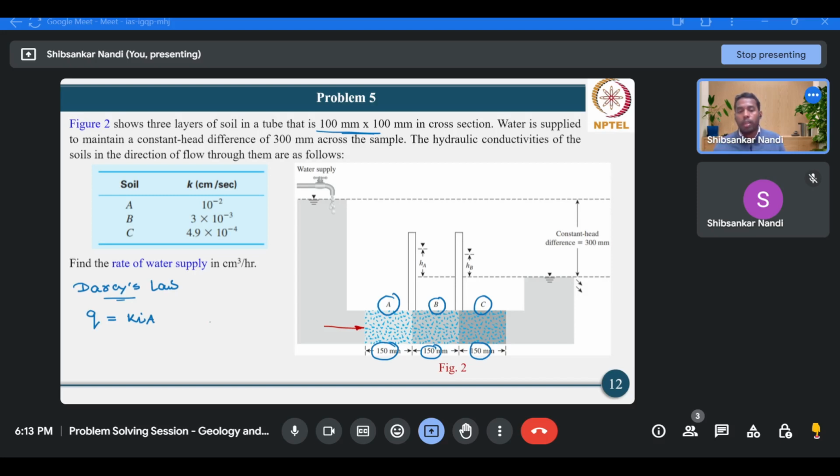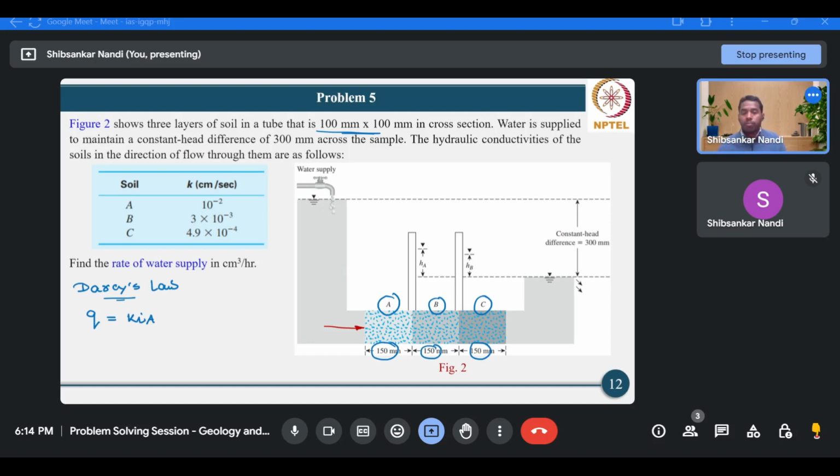That will be different, because between the two ends of sample A, the hydraulic gradient is having a value, suppose IA. For B, between the two ends of B, you have a hydraulic gradient IB, and similarly for C, we will have a hydraulic gradient IC. So these hydraulic gradient values will be different depending on the soil sample.